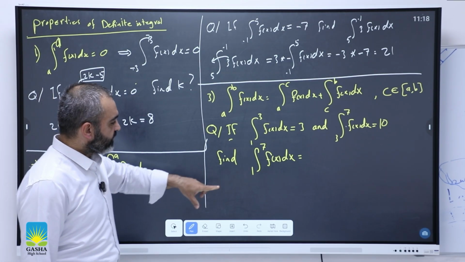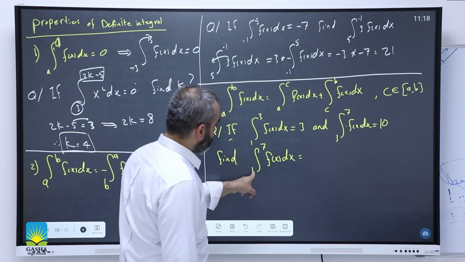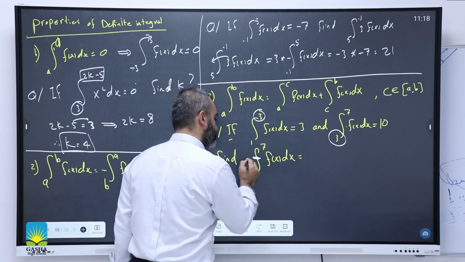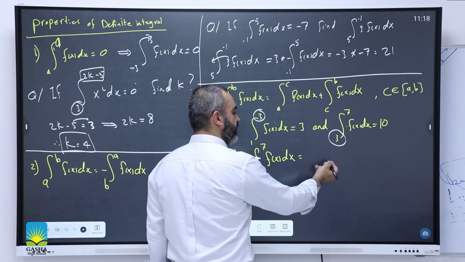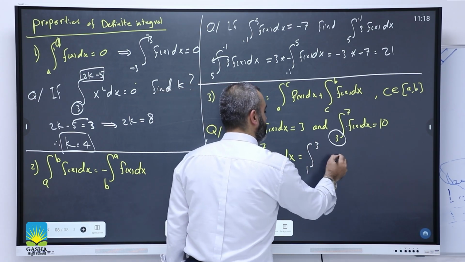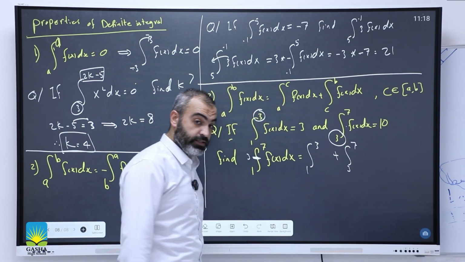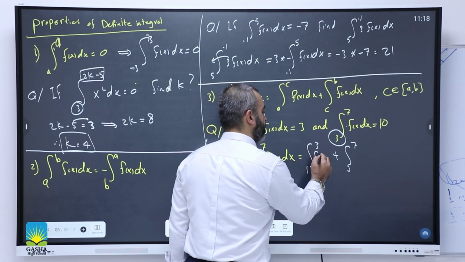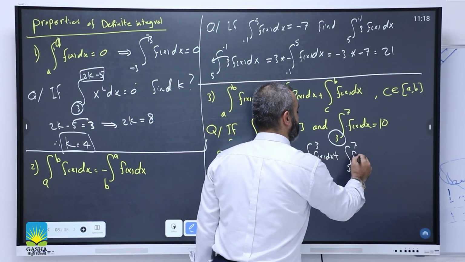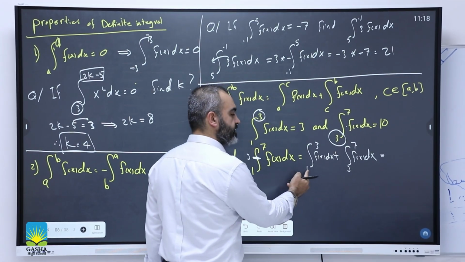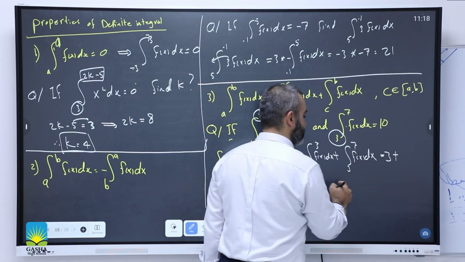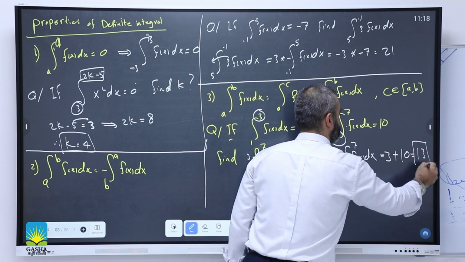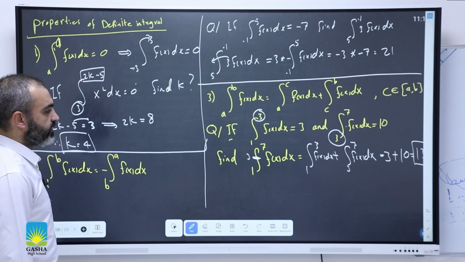Because the integral from 1 to 7 contains the number 3 here, we divide it into the integral 1 to 3 plus 3 to 7, right? We use the property here. 1 to 3 we have 3, plus 3 to 7 we have 10. So 3 plus 10 equals 13, right? So the result is 13.